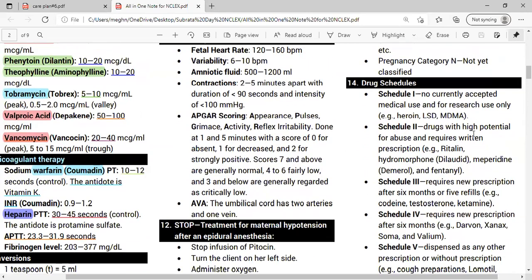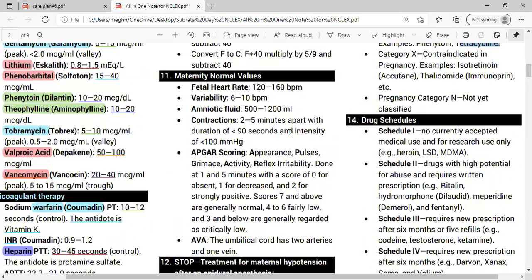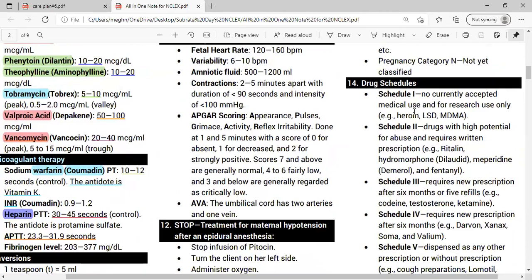Here we show some drug schedules: schedule 1, 2, 3, 4, and 5. Schedule 1 means no currently acceptable medical use, or for research use only.